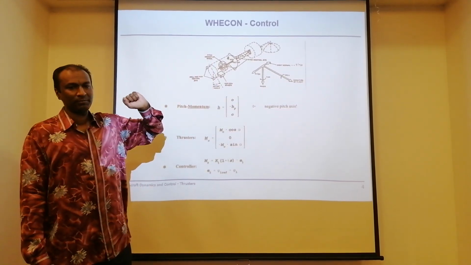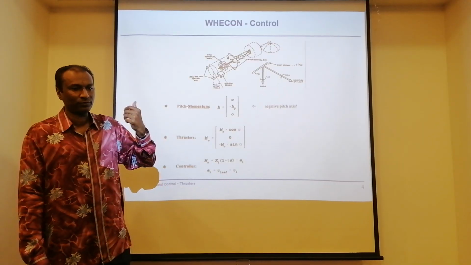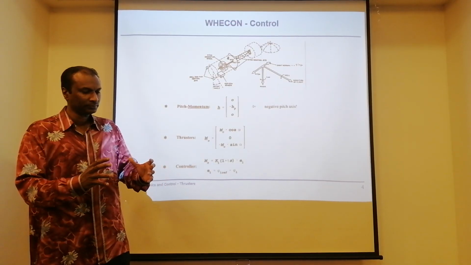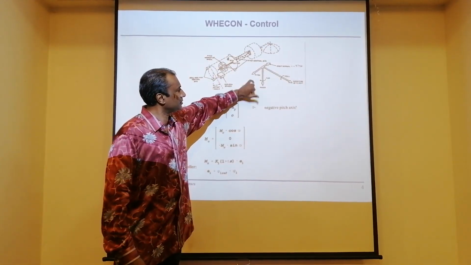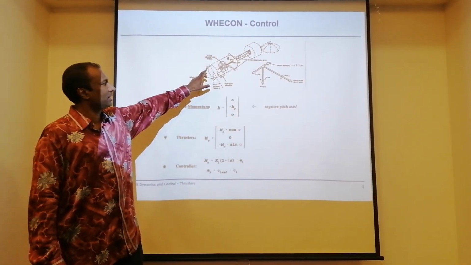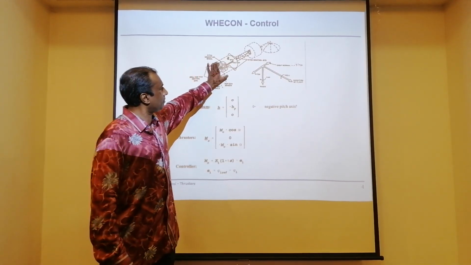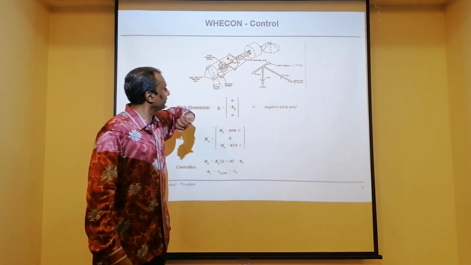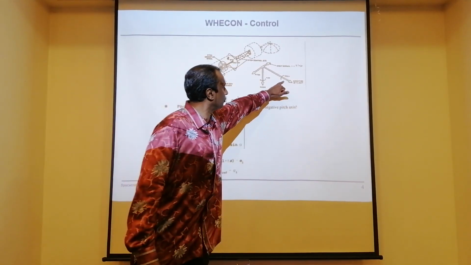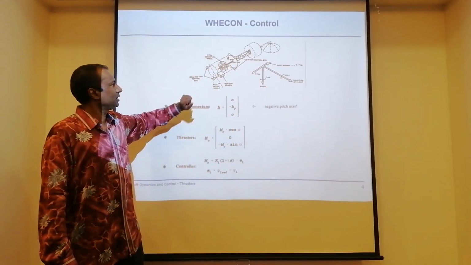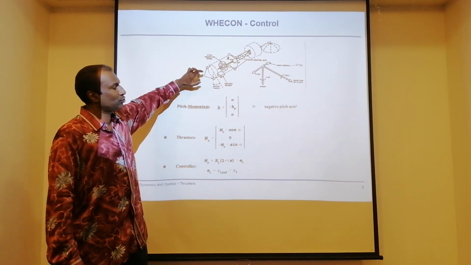Just like what you have been exposed to before, I embark my momentum wheel along the pitch axis, and this is my pitch axis. Then I will have my roll and yaw axes here.